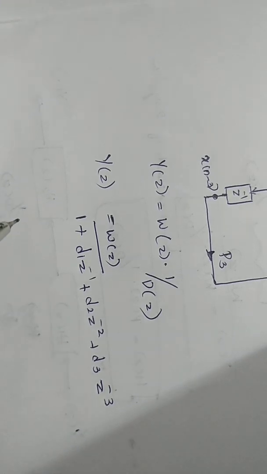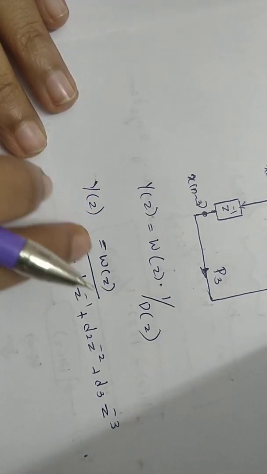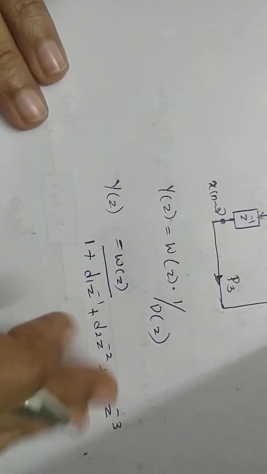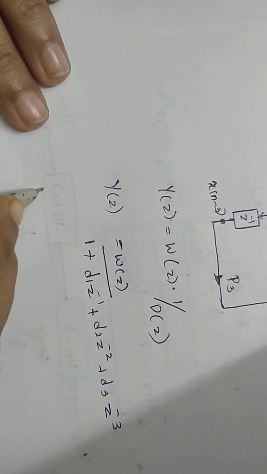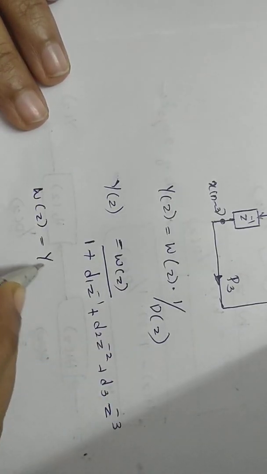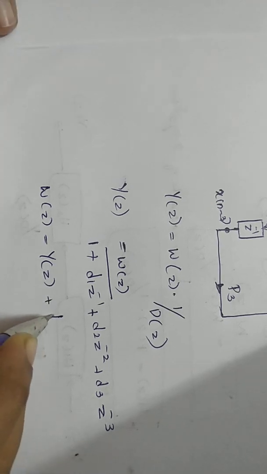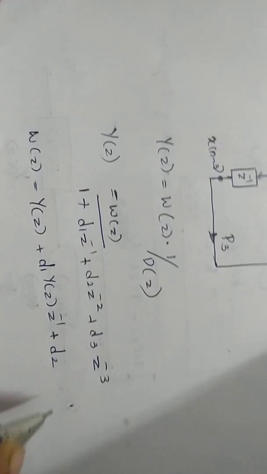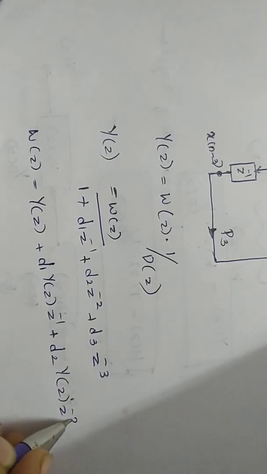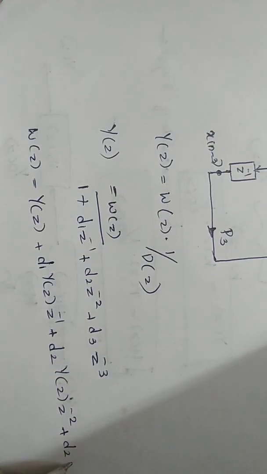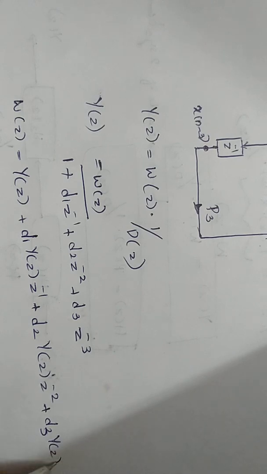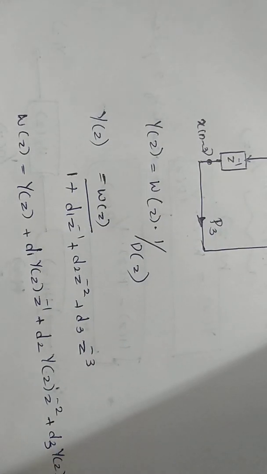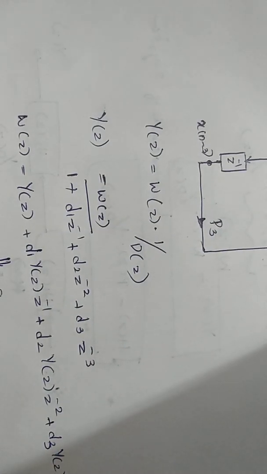Here also I am cross multiplying it. That is w of z is equal to y of z plus d1 into y of z z inverse plus d2 into y of z z raised to minus 2 plus d3 into y of z z raised to minus 3. Okay, I am converting it into time domain.